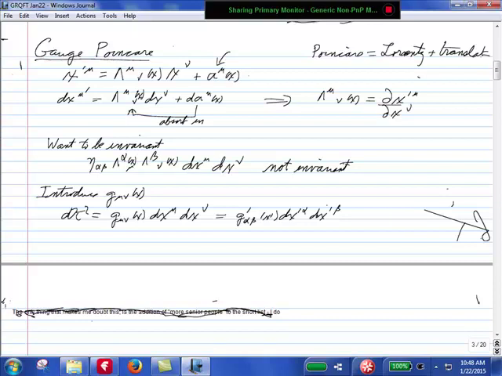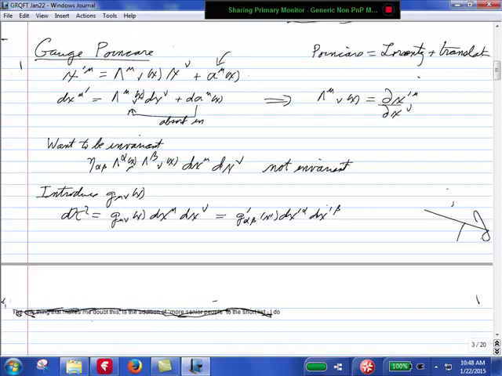The variation of the determinant of a matrix can be written as the exponential of the trace log. Okay, so you take the exponential of trace log of the matrix, which doesn't seem like a big improvement because now you have to take the variation of log of the matrix, but that's not so bad.